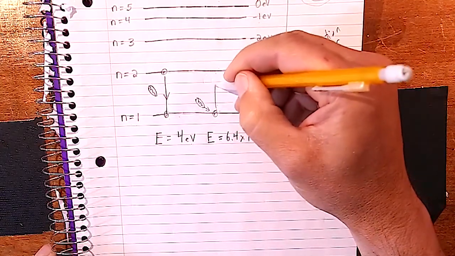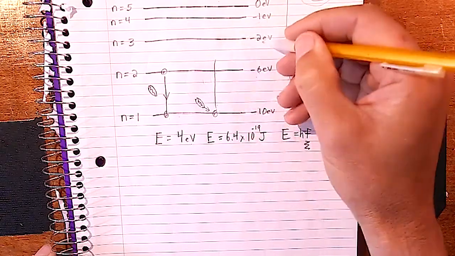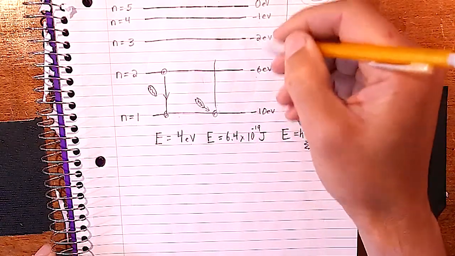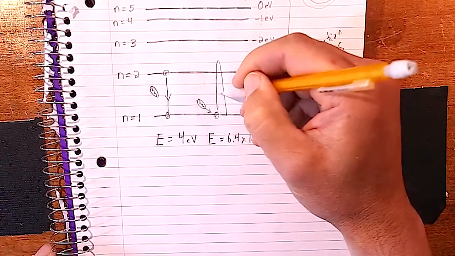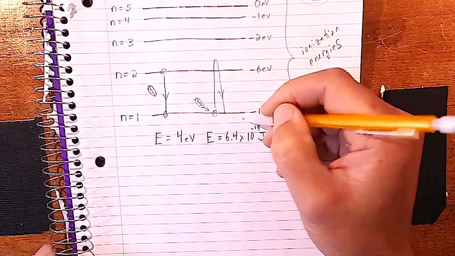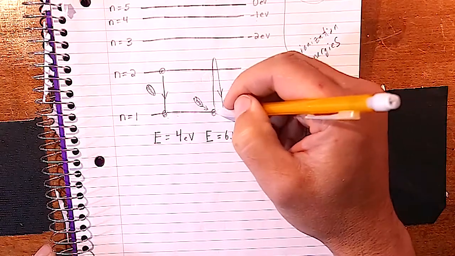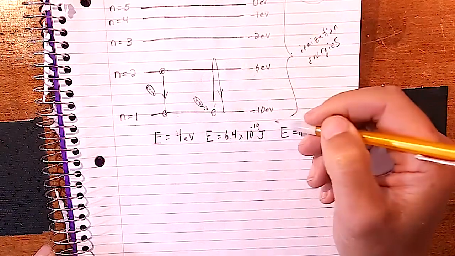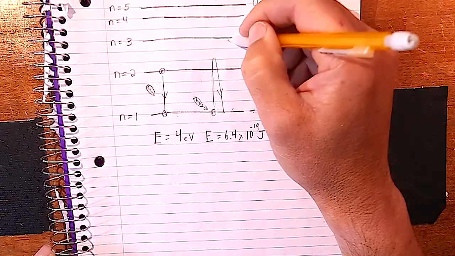But 5 is not enough to get it to n equals 3, because from 10 to 2, that would be 8. So all it's going to do is go up and fall back down to this level. It's not going to go anywhere. Okay, if it was exactly 4, then it would absorb it and go up. If it was exactly 8, it would absorb it and go up to here.